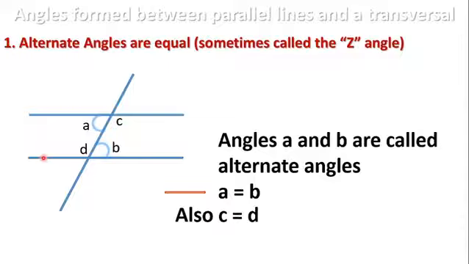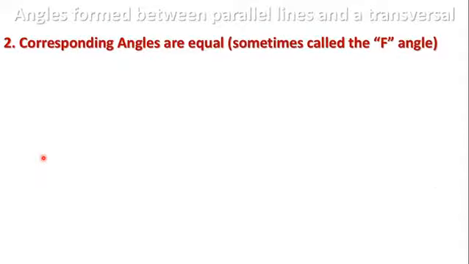Okay, the second kind of angle that is formed between parallel lines and a transversal is called corresponding angles. Okay, corresponding angles, and these corresponding angles are equal angles. Corresponding angles are equal, and sometimes corresponding angles are called the F angle.